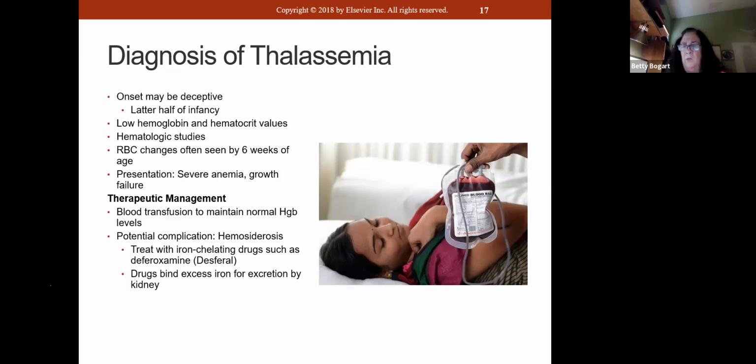What is the treatment and what is our concern about thalassemia? Number 1, they must live on blood transfusions. So it's all the things with blood transfusions, reactions, et cetera. The other thing is these red blood cells have iron in them, and they explode, purging all that iron into your blood system, and it becomes toxic, believe it or not.